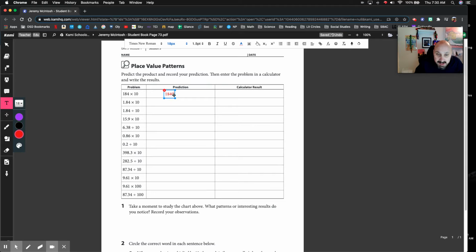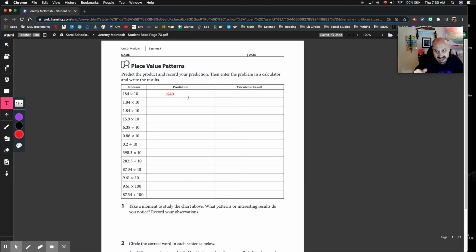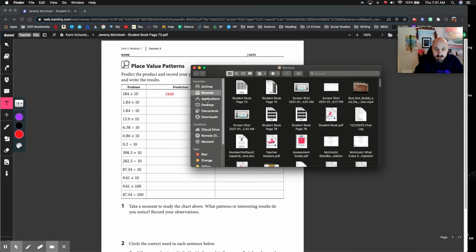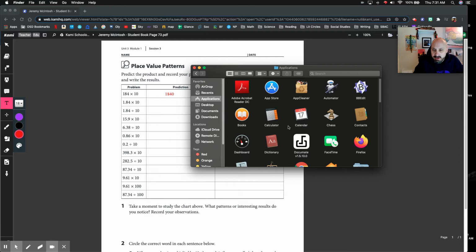There's an invisible decimal on the end of that number, so your decimal is really moving. You're not adding a 0 really to the end of the number. The decimal place value is moving to the right one place. When I put in my calculator result, let me find my calculator here. If you're on the Chromebook, it's in your apps.